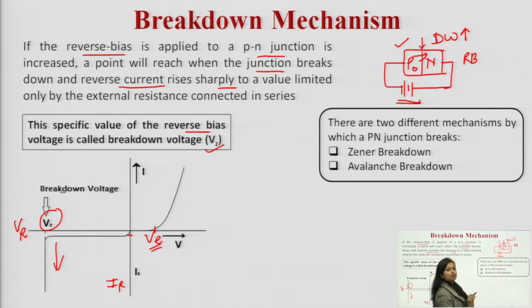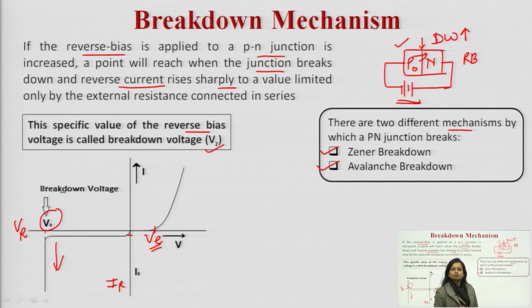There are two different mechanisms by which a PN junction breaks down. The first is the Zener breakdown and the second is the Avalanche breakdown.